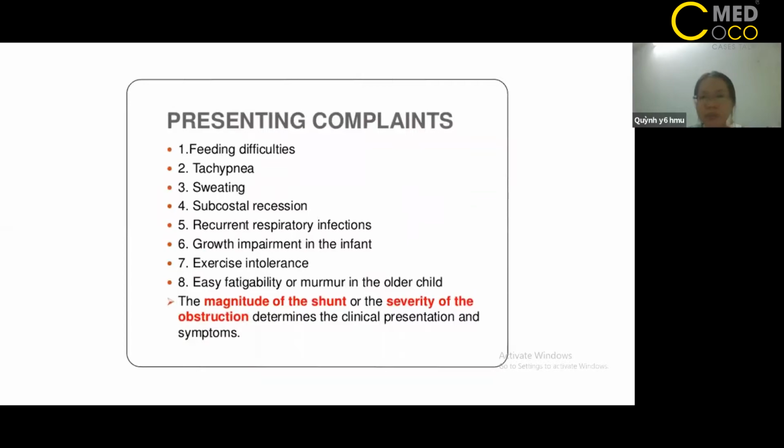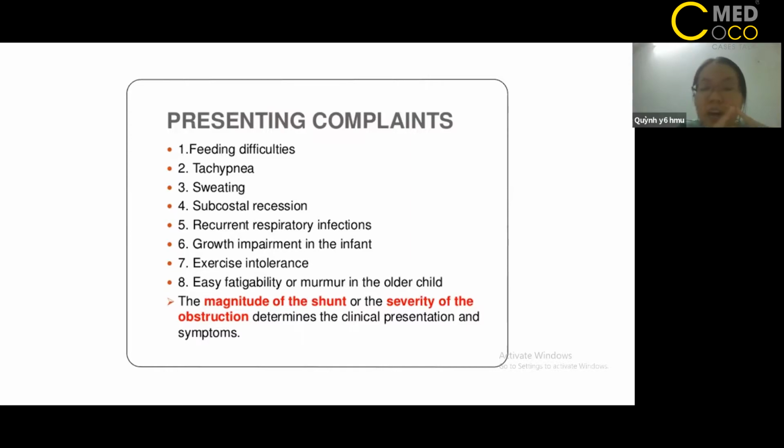With the symptoms of congenital heart disease, the patients will have symptoms of cyanosis in the group of cyanotic congenital heart disease, right?